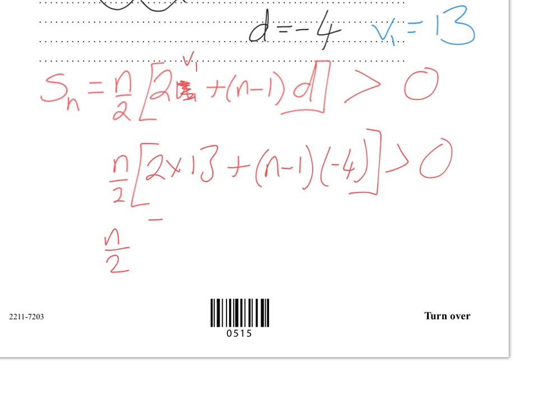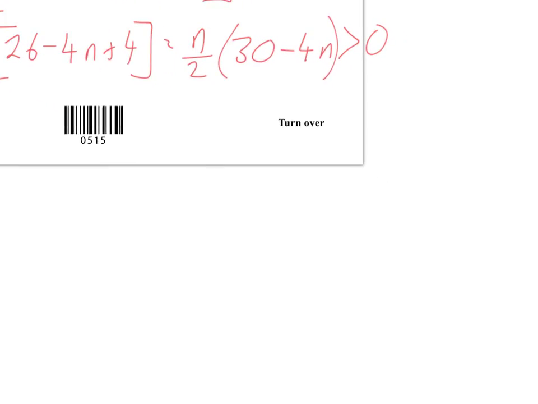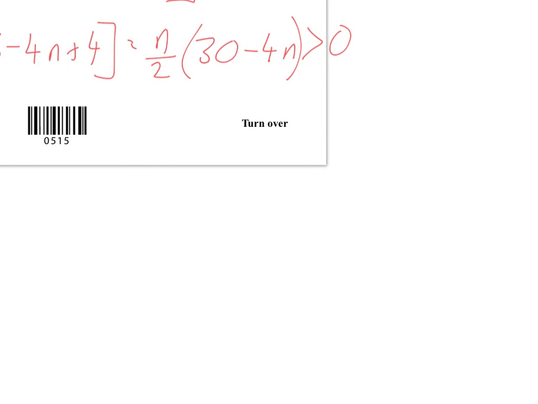And just tidying up that bracket a bit, I get 30, which is 26 plus 4. In fact, I'll put it in explicitly. 26 minus 4n plus 4, so that's 30 minus 4n is greater than 0. And we're nearly done. We've got to solve this inequality.